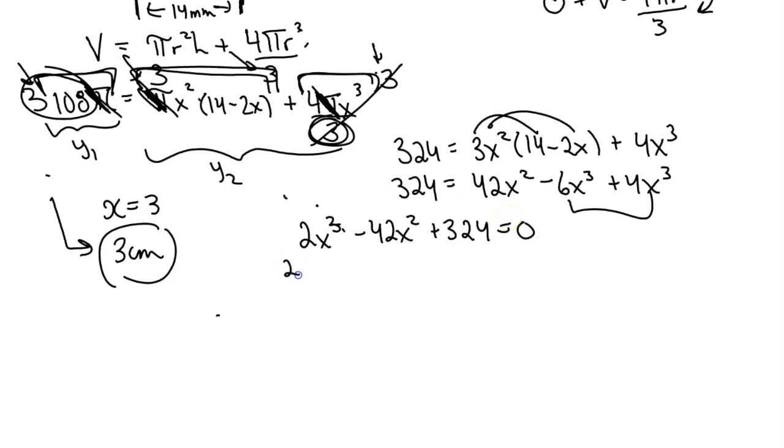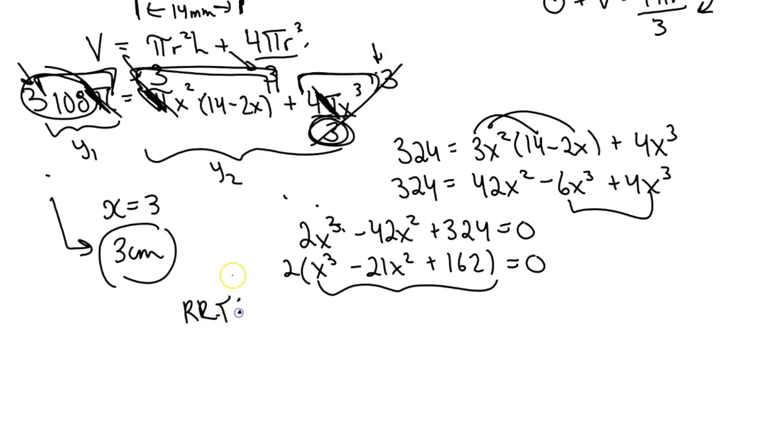From here we can factor out a 2 and we'd have x cubed minus 21x squared plus 162, and we want to see what we can do with this. Our rational root theorem would look at factors of things that would multiply to 162.